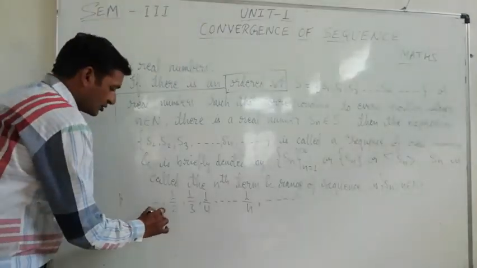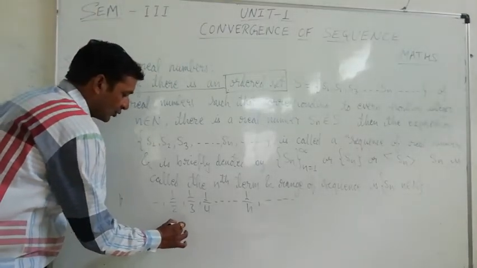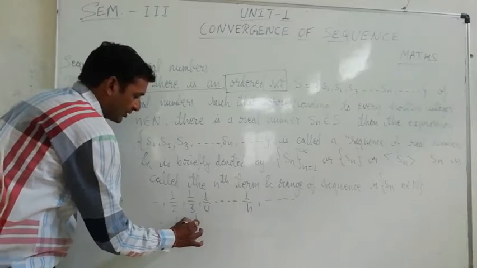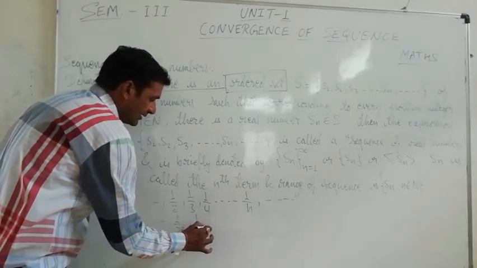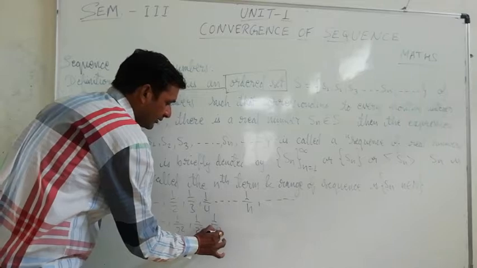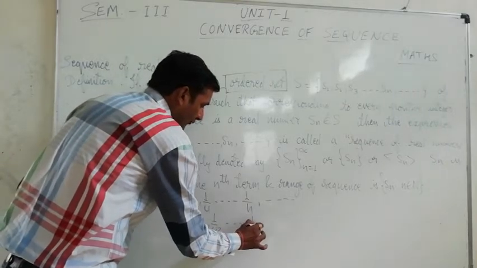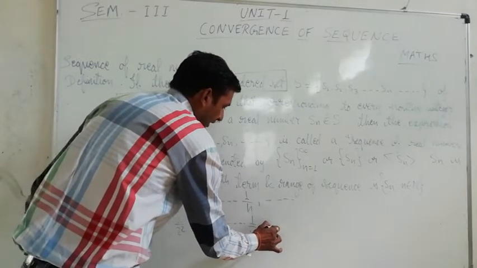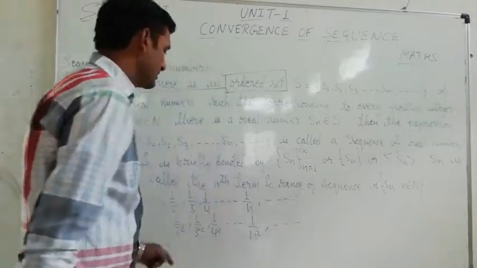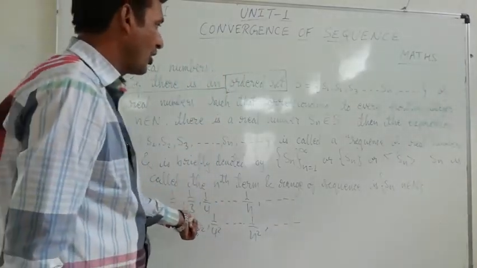It may be like this also: 1, then 1 upon 2 square, then 1 upon 3 square, then 1 upon 4 square, and so on, 1 upon n square. This is also an example of an ordered set.